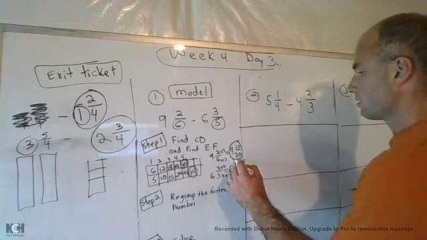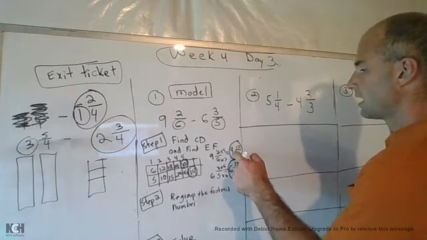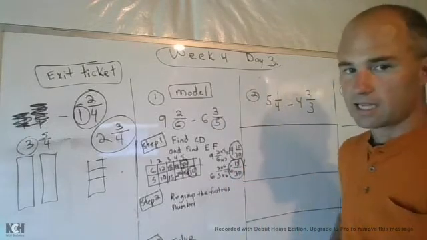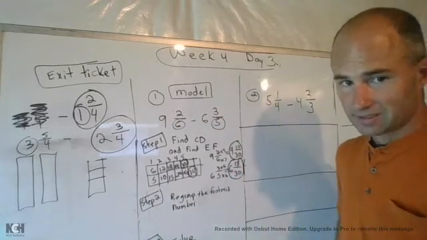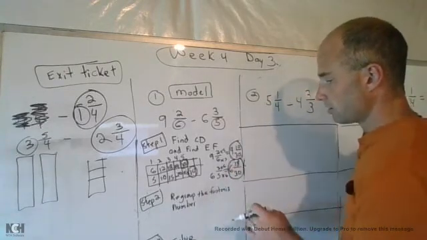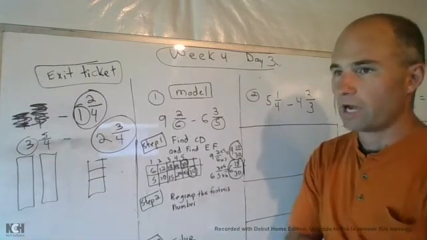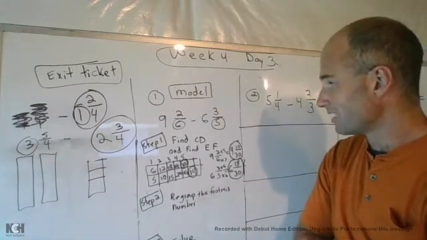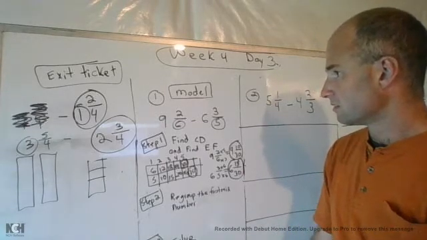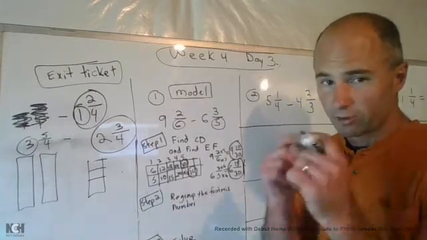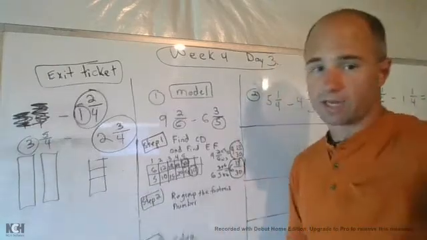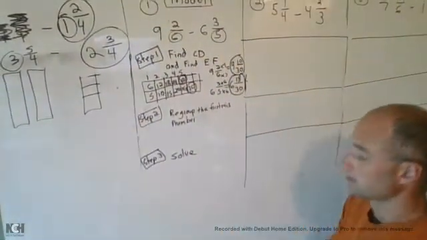Well, now I'm taking 9 and 10/30 minus 6 and 18/30. Can I take 18 away from 10? No. So that's my next step. I need to regroup the 9 and 10/30. I gotta break up one of the 9 wholes into 30 little pieces. Think about that. You can do that. You can draw it out if you want.